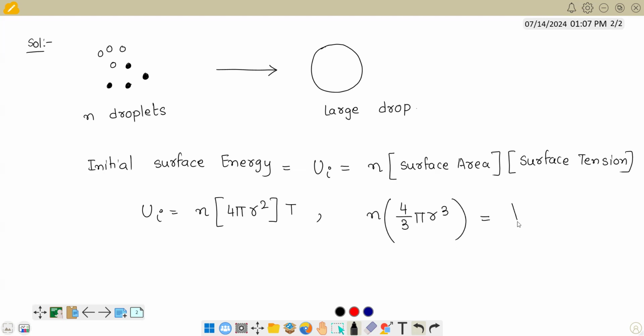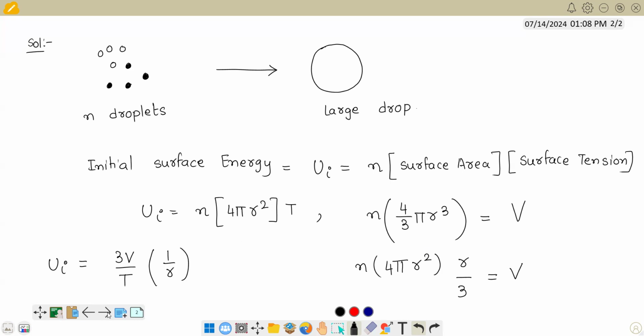Together they represent the total volume V. Now from this, n into 4 pi r square on one side, we will have r, the other r left from r cube, divided by 3 equals V. So from this we can write U initial, in place of n into 4 pi r square, as 3 capital V by r, and T. So the initial energy is 3VT into 1 by small r.